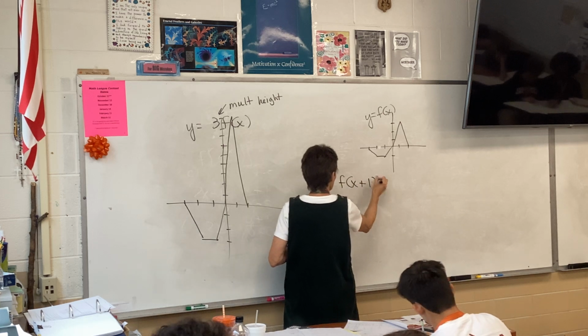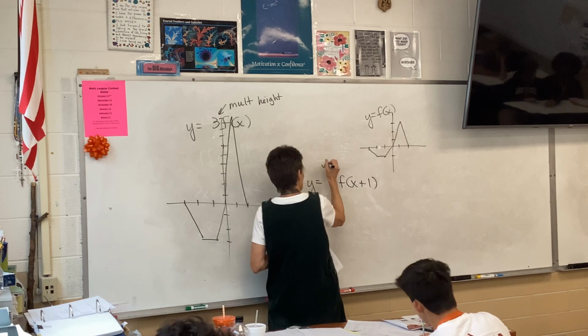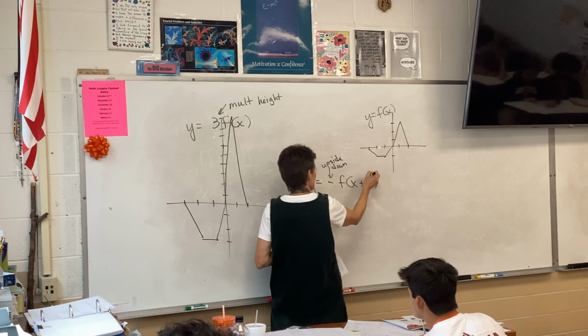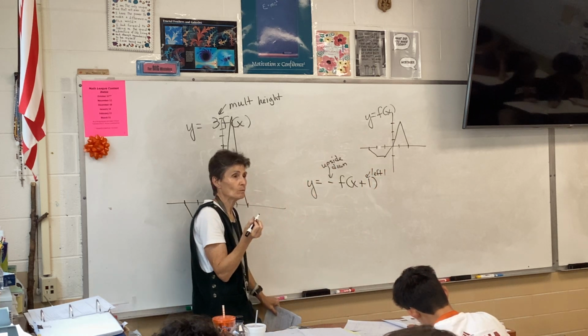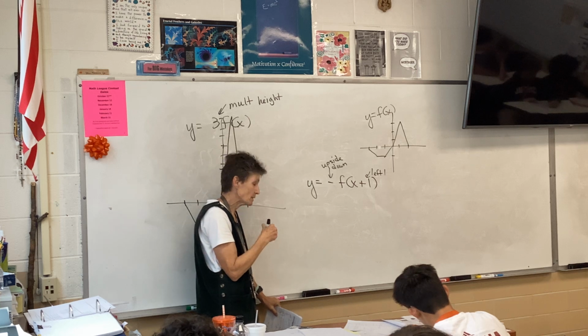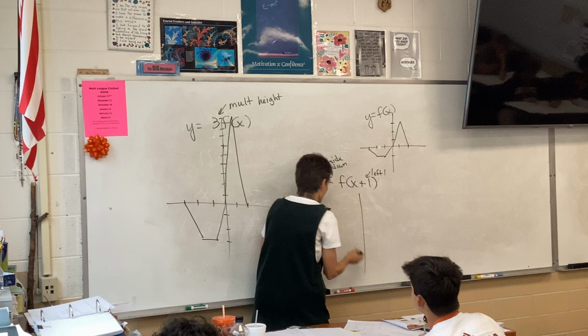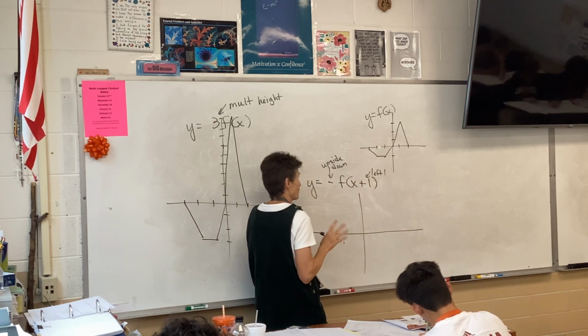What about the next one? This one has 2 things. What does that do? It flips it upside down, and this goes left 1. Now, if you can do all that at once, great. You're also free to do it in 2 different steps, however it works for you.